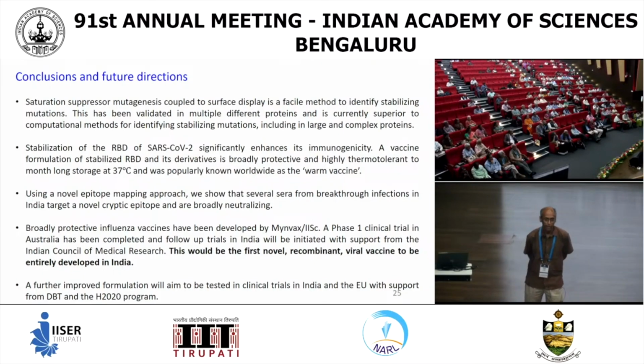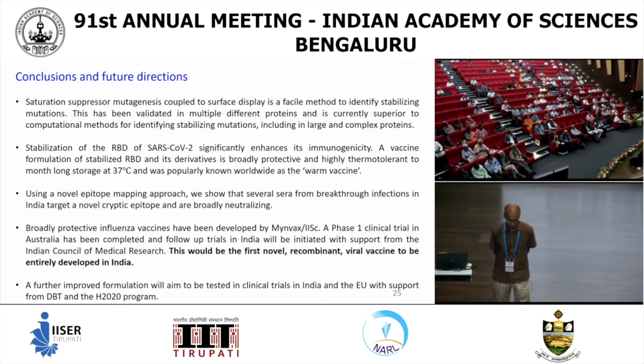And we will continue our clinical development in India. And if the results are good, which they should be because it's worked very well in animals, but until we actually do it in humans on a large scale, we wouldn't know. This would be the first novel recombinant viral vaccine to be developed completely from scratch in India.